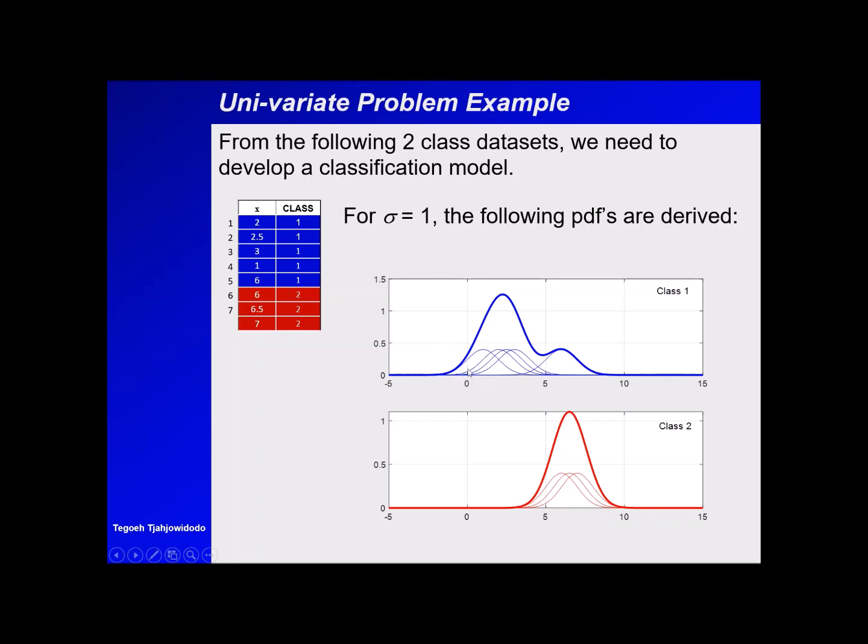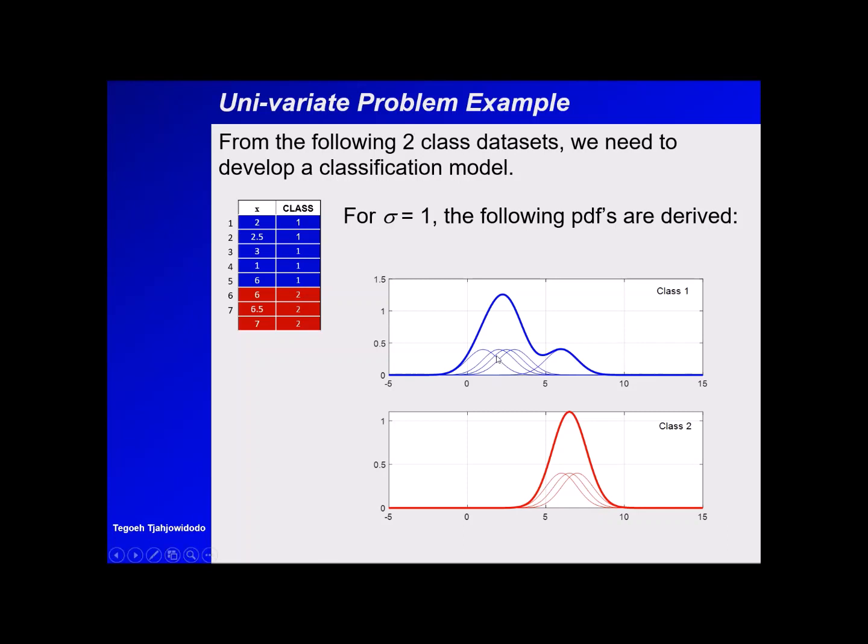So this is a normally distributed PDF with a mean of 1 and sigma of 1. The second one from the left has a mean of 2 that corresponds to the first data set. The mean is 2 and the sigma is also 1. So I just apply the same sigma to everyone.